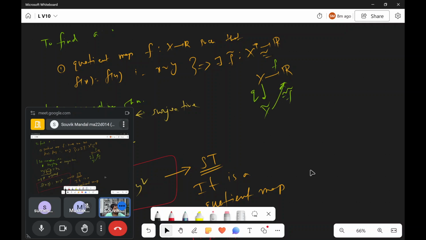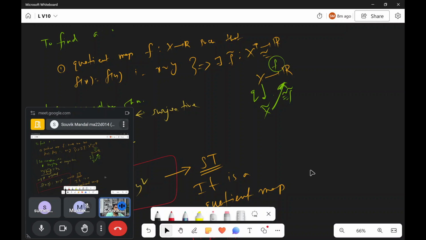We are not trying to figure out this f tilde. It comes automatically from the little f, and this is due to the universal property.